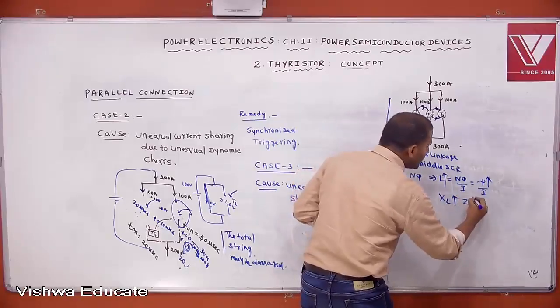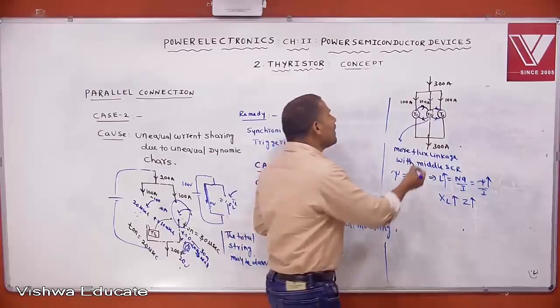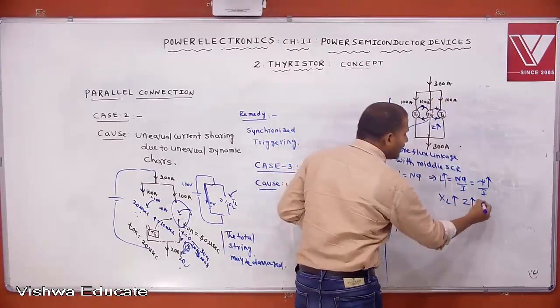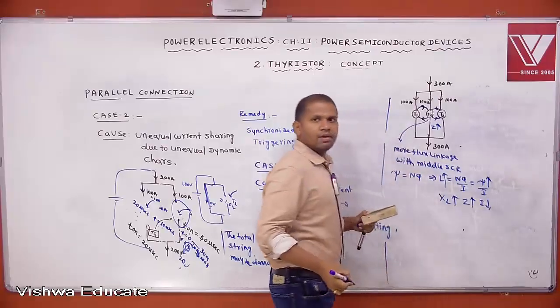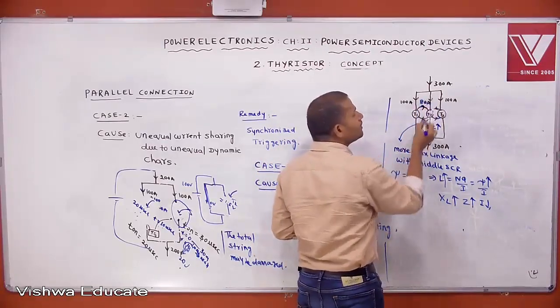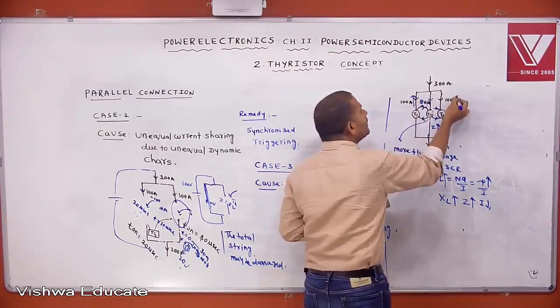It increases. The impedance offered by that thyristor increases. In this path, if the impedance increases, then what happens to the current? The current reduces. Let for example it becomes 80 amperes. Then to satisfy KCL, the other currents increase.